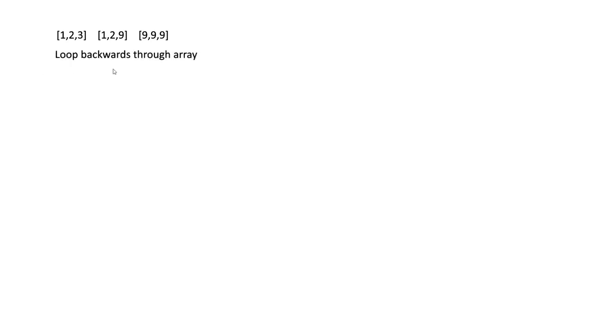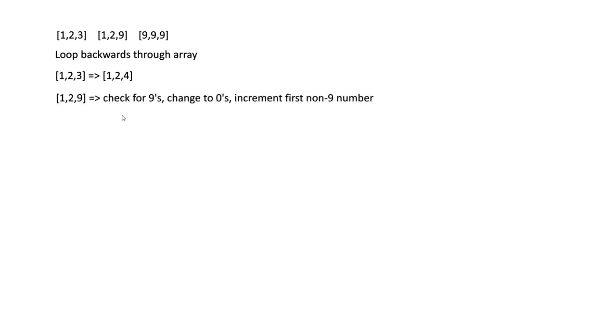So how do we do this? Well, the first thing we're going to do is loop backwards through the array. So we're going to start with the last number, and if it's less than 9, we're just going to increment it by 1. And then we can return that we're done. So that one is super easy. Now, if we have the second case where the last number is 9, we need to check for that, to see if the current number is a 9, and we need to change it to a 0.